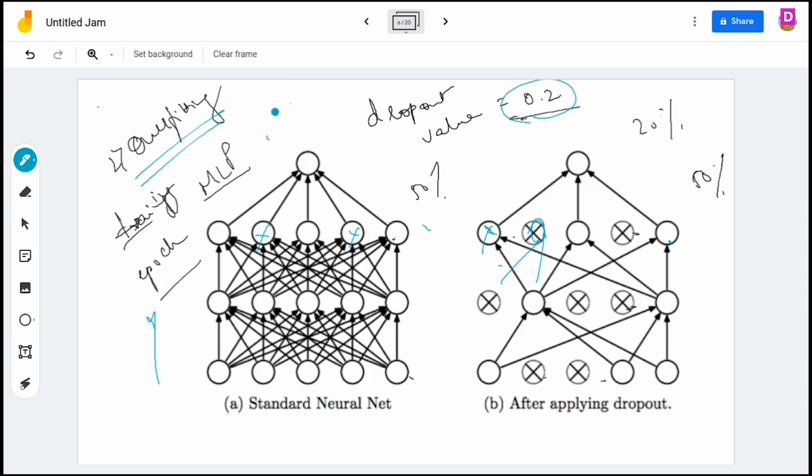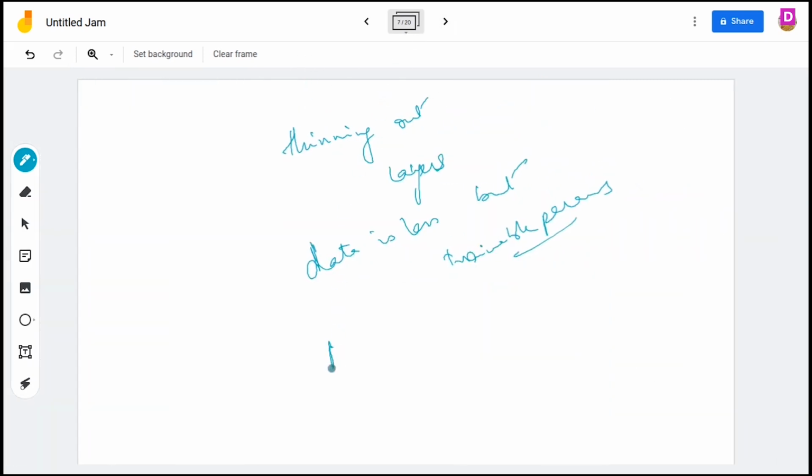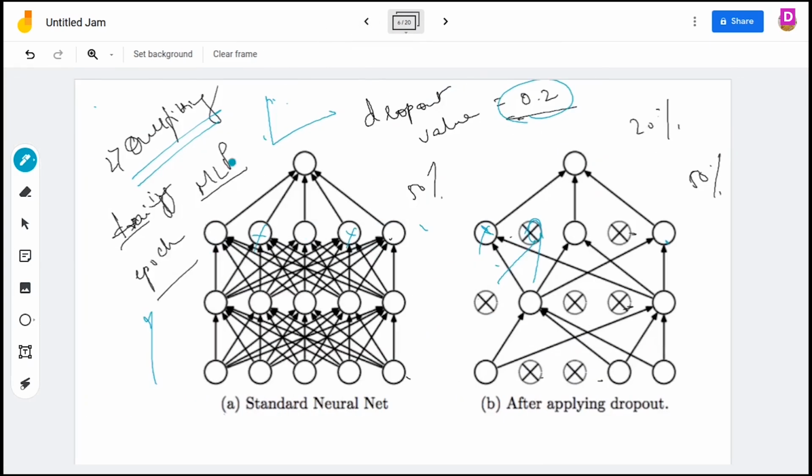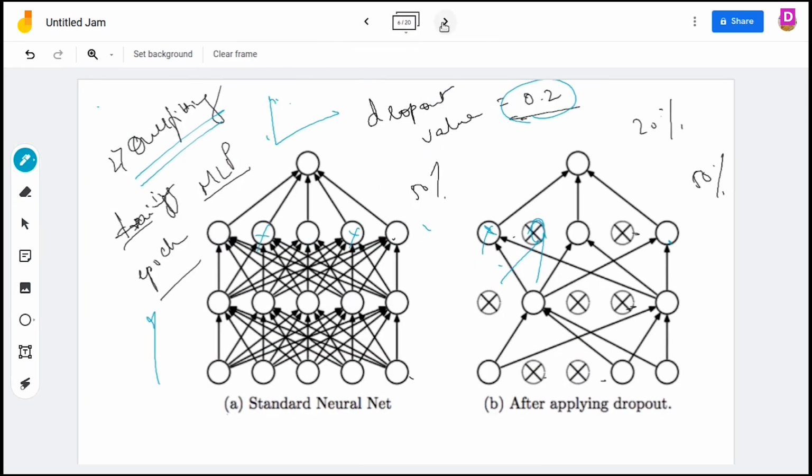There comes a time when the number of layers is a lot, but you are not able to get more accuracy. People say more depth gives more accuracy, but there comes a point where this does not happen, because of the problem of overfitting. To solve that problem, we have dropout. According to the dropout value, that percentage of random neurons will be removed from each layer.